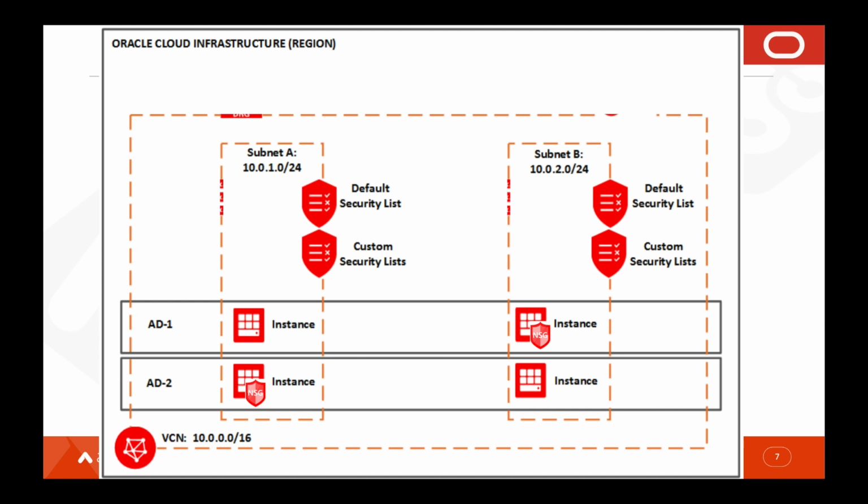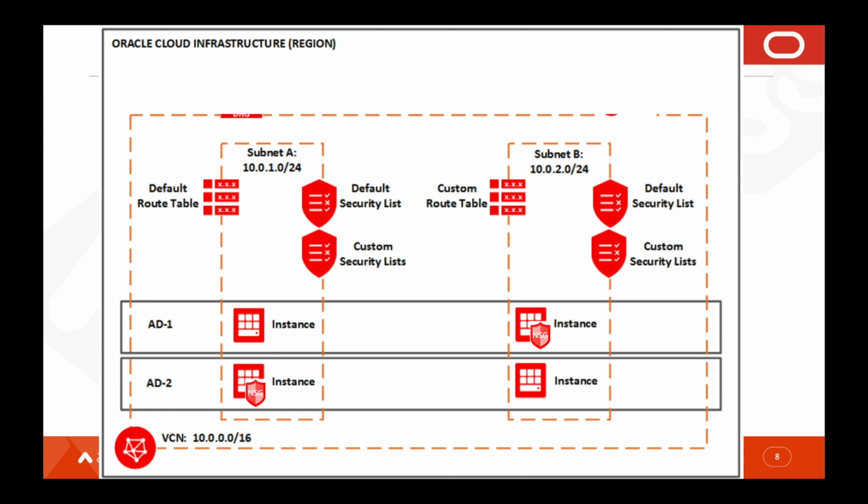You see it marked here with some of the instances. This is an optional entity. You do not need to apply NSGs to your instances. You can rely only on the security list. But as I said, if you need more granular control, go ahead. There is no network security group created by default when you build a subnet or create an instance. So it's all up to you to add it afterwards.